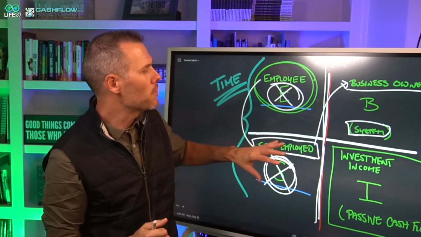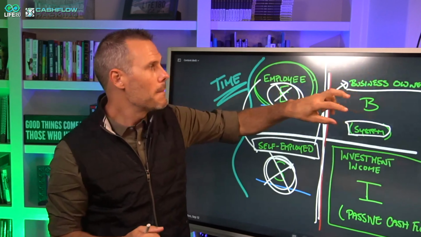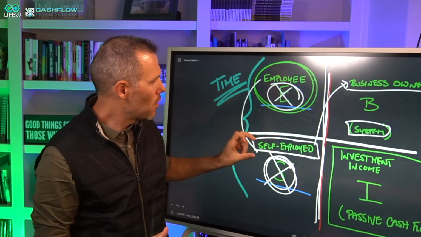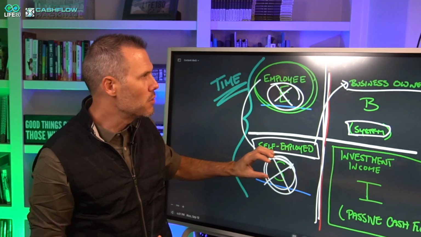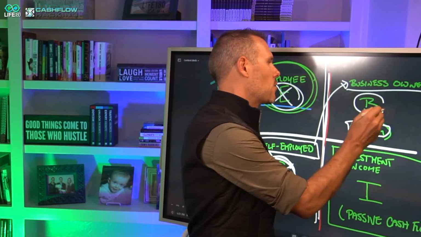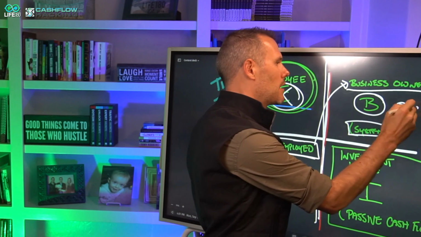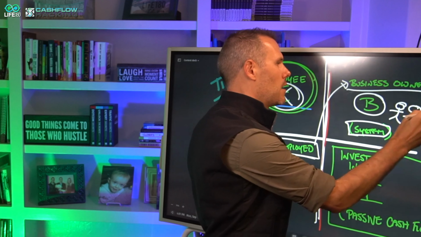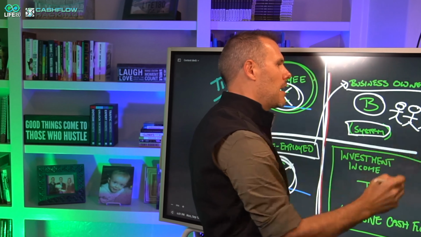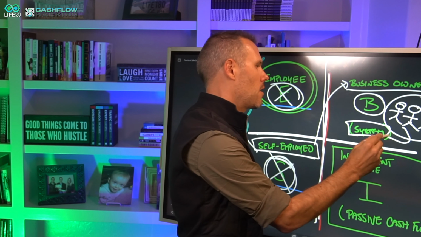So if you can go from self-employed, from an S to a B, because the only difference is you go from self-employed where everything is dependent on you. Probably when you hit the success that you have, you actually become a business owner and you surround yourself by employees, right? You get a lot of people that will come and work for you, and ultimately these people are the system.